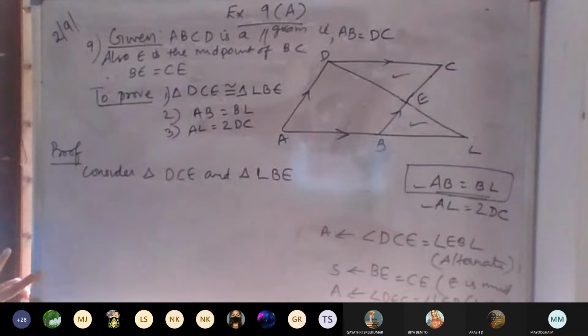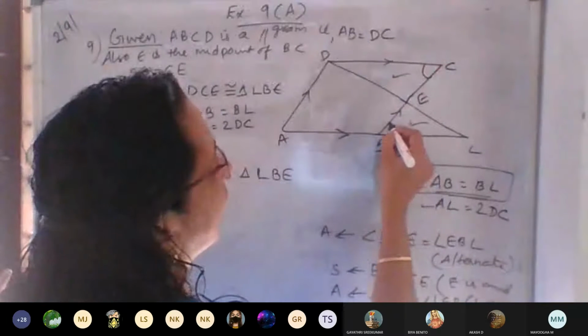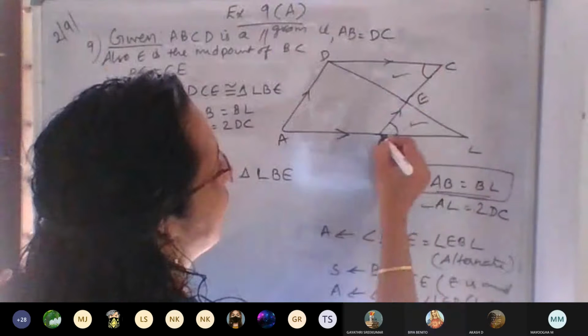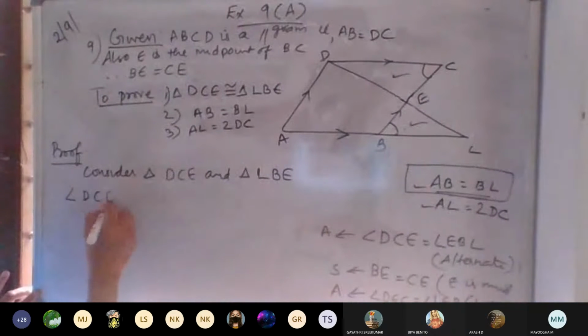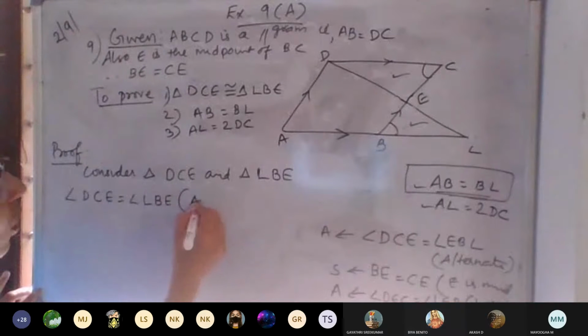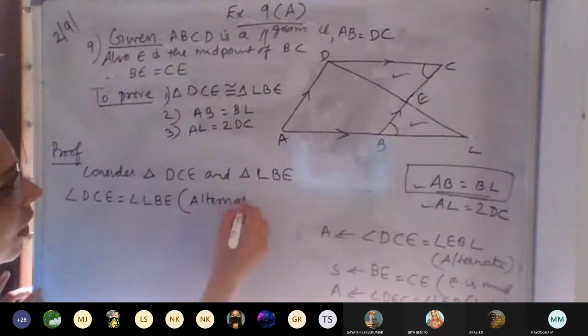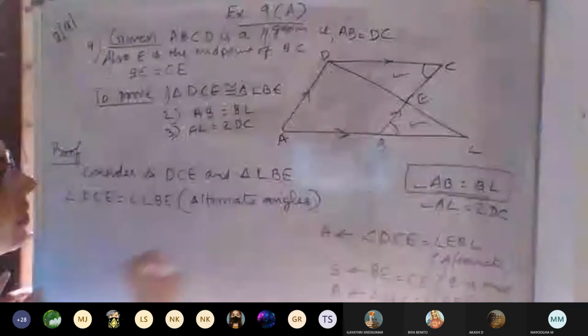So we can directly write angle DCE is equal to angle LBE. The reason is alternate angles. These two are alternate angles.